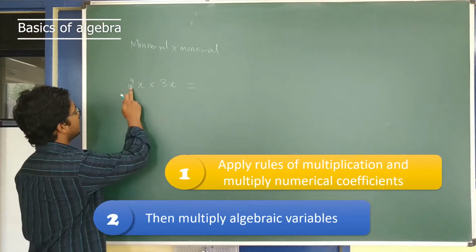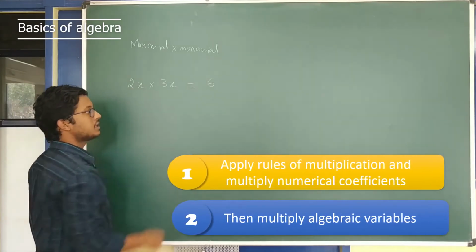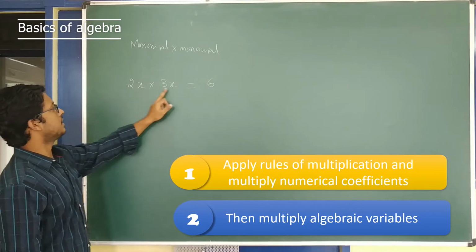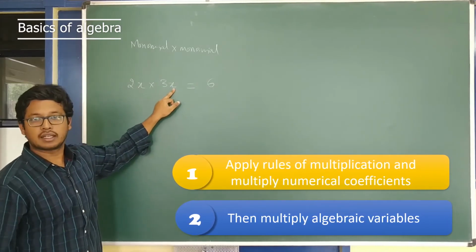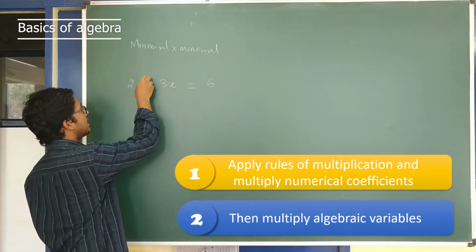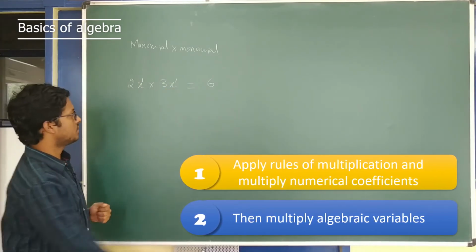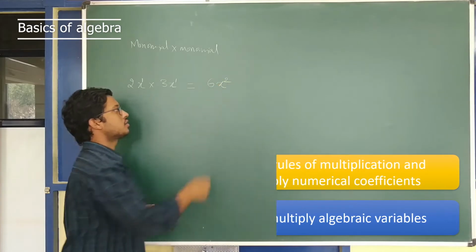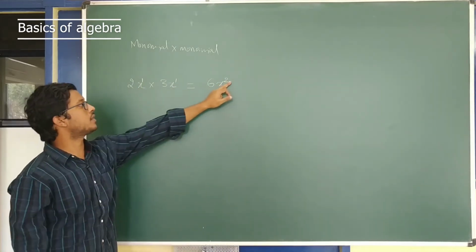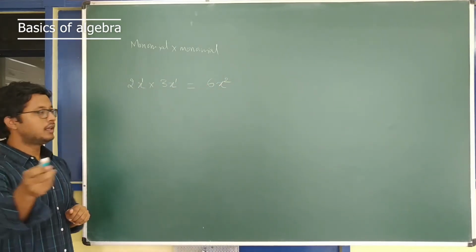Here 2 into 3 becomes 6, and this is x into x. By our laws of exponents, this is x power 1 and this is x power 1, here x is multiplied twice. So it becomes x raised to 2, or in other terms it is 1 plus 1, which is 2.